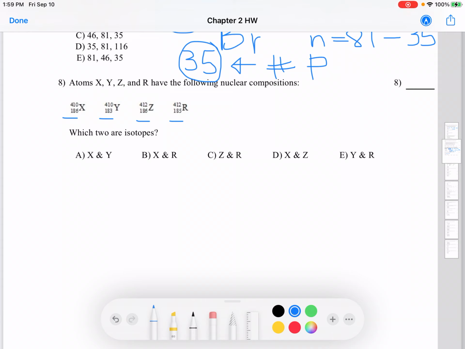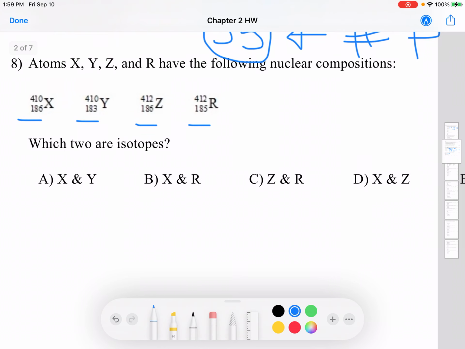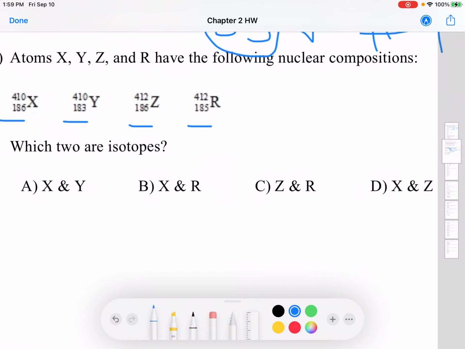Isotopes have the same number of protons, but they have differing numbers of neutrons. And when you are given the symbol written like this, the bottom number, or the subscript, is always your number of protons. So you will find the ones that have the same atomic number, or number of protons. So which two have the same number of protons?